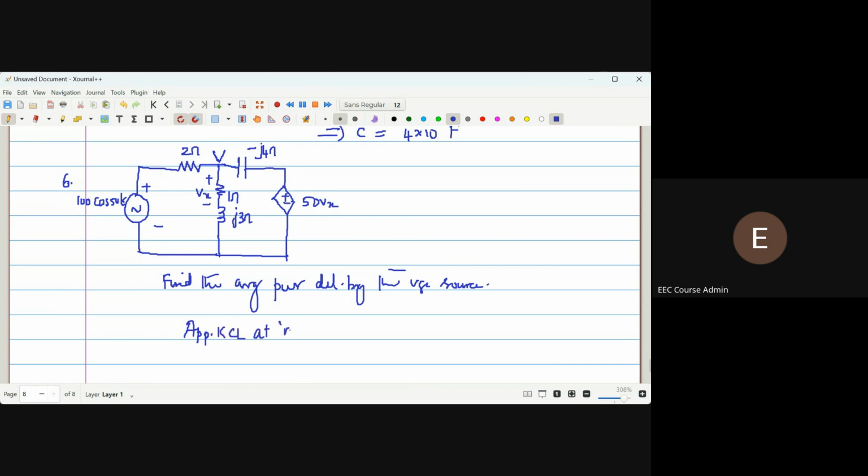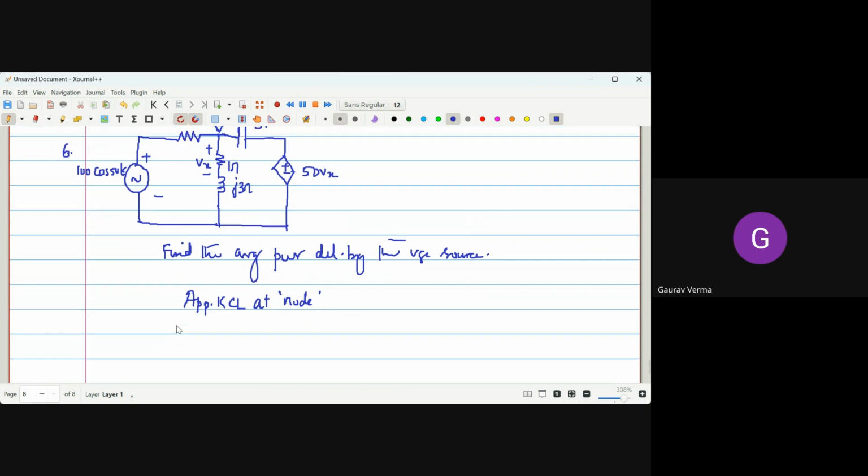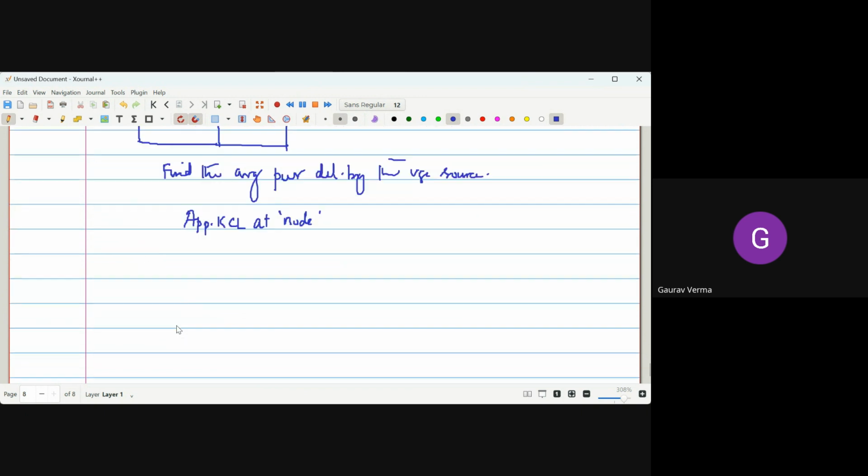So applying KCL at the node, we can write it as... Ma'am, can you tell me the voltage source? 100 cos 50t. So that is 100 angle 0. So V minus 100 angle 0. Here you take cosine as the reference, okay?